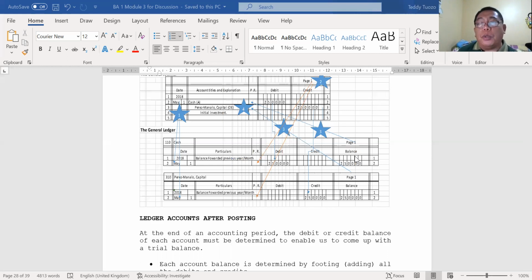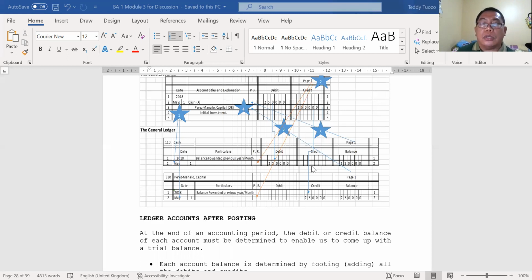Or, if the page is full in reference to the previous month, because you do not continue it in the general ledger, there should be a balance forwarded. But of course, this is always representative of the beginning balance of the accounts, carried from the previous month or a previous page.